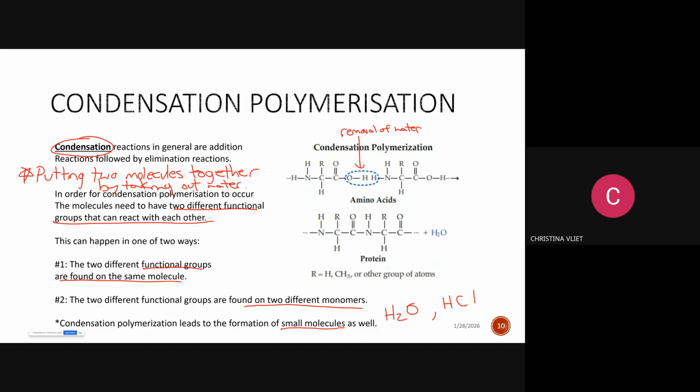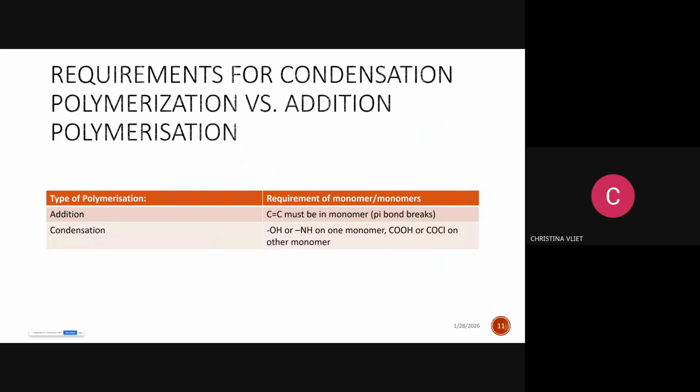Okay. So, requirements. This is probably the most important slide of the entire lesson. Last time, I remember when I was revising the PowerPoint that I wanted to bring this in here. For an addition polymerization, you have to have a C double bond C in your monomer, and specifically the pi bond breaks.